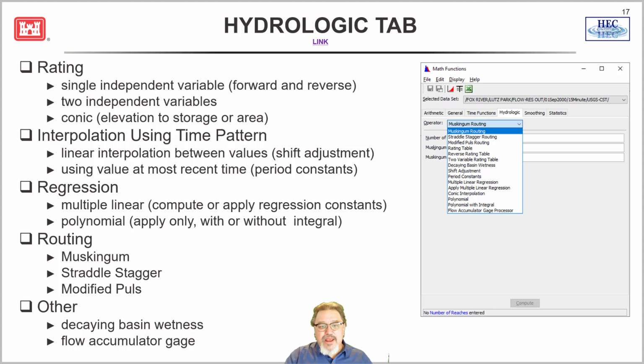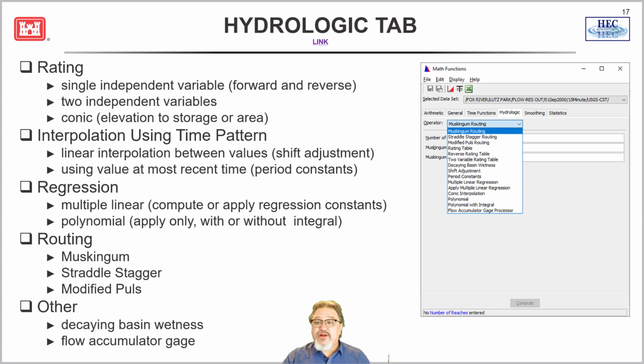So I misspoke when I said the last, because there's one other category, and I'm just calling that other, and I truly believe it's stuff that maybe no one uses anymore. But historically, it's been in the HEC toolset for years and decades, and so it is still provided here if there's any need for it. I don't know if there are any flow accumulator gauges in existence. It could be that there are.